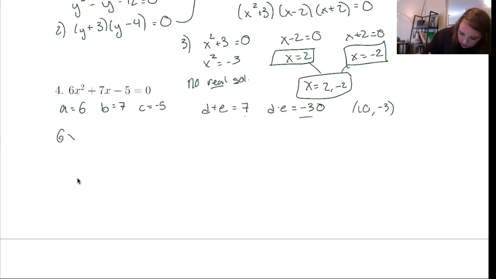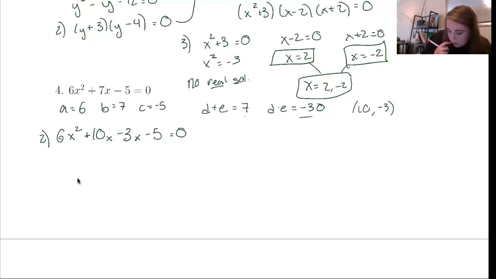Okay, so we have 6x squared. This would be step 2 since step 1's already done. Plus 10x minus 3x minus 5 equals 0. So I'm going to keep factoring.